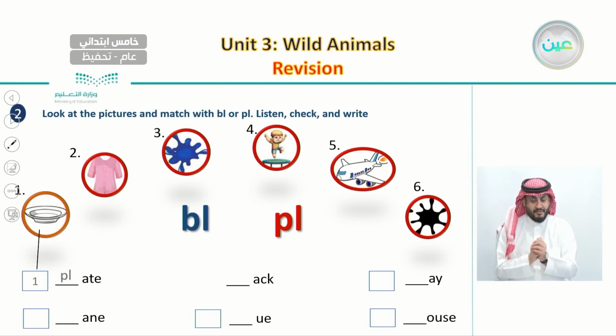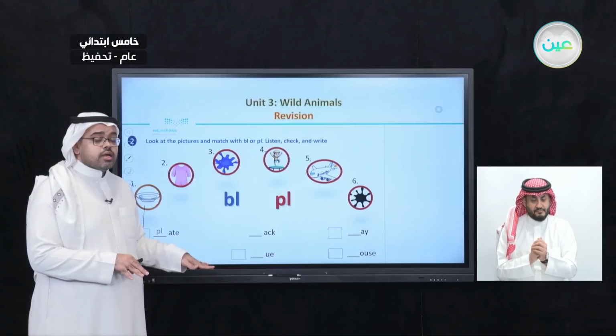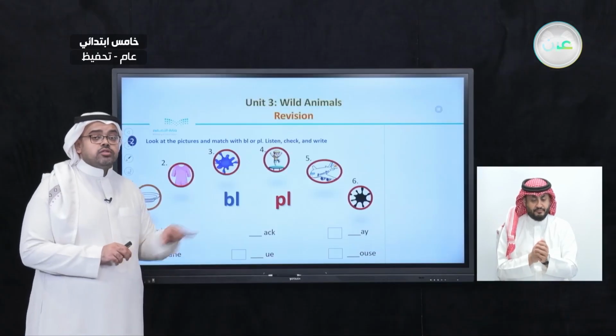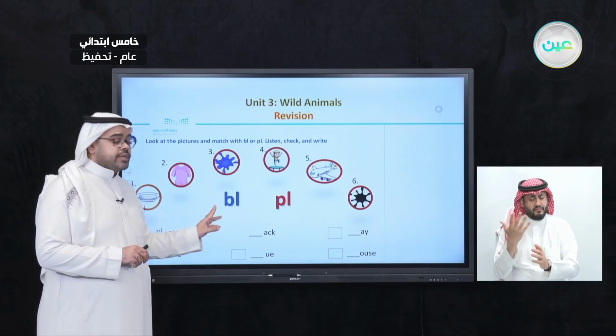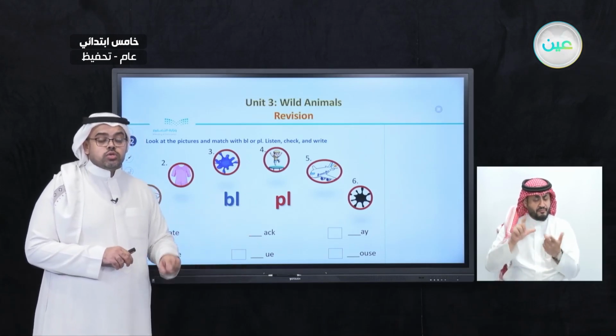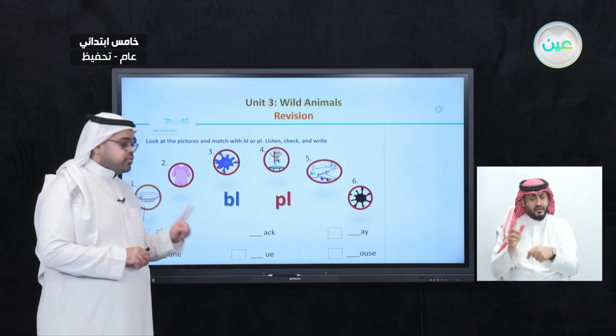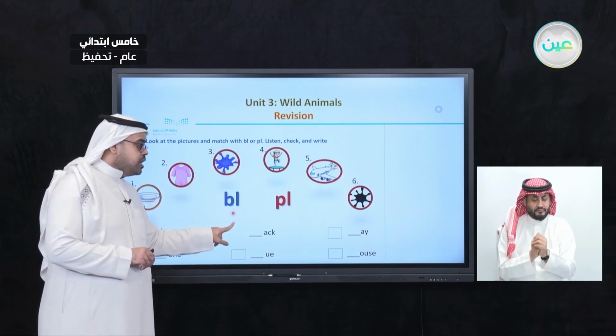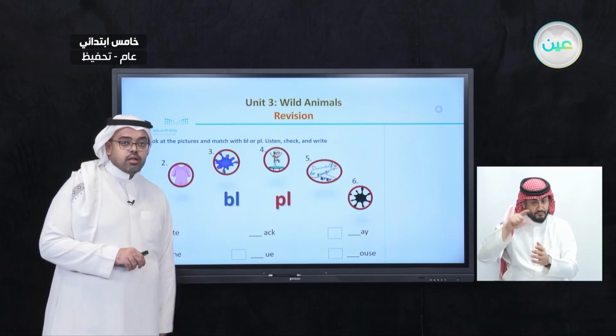So what we're going to do now is the same. We're going to decide which of these pictures matches these words, and then complete these words with either BL or PL.